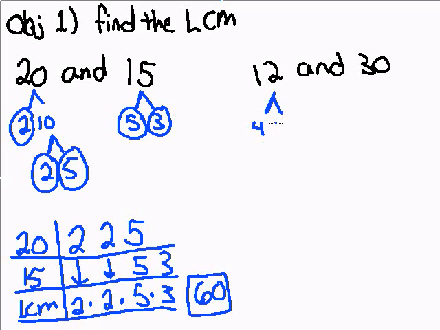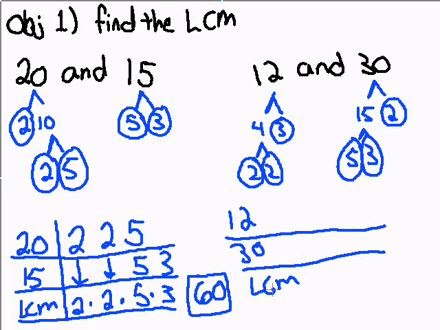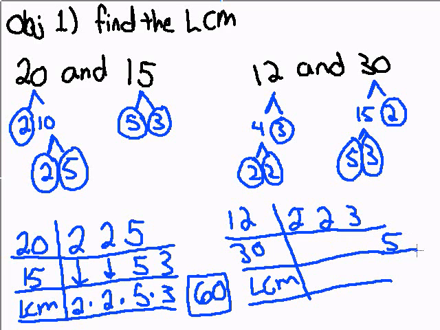12 was 4 and 3, 2 and 2. You could have factored that out differently, but just make sure that you have a 2, a 2, and a 3. 30 was 15 and 2. 15 was 5 and 3. So you wrote your numbers, 12, 30, and the LCM. 12: 2, 2, 3. 30: 5, 3, 2.